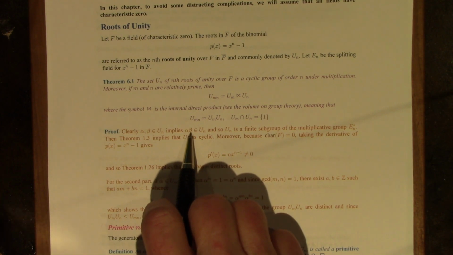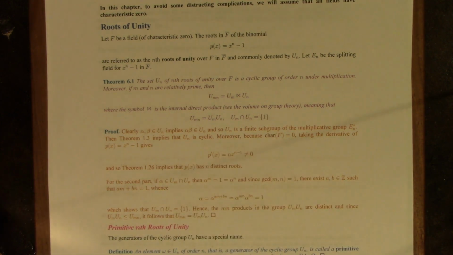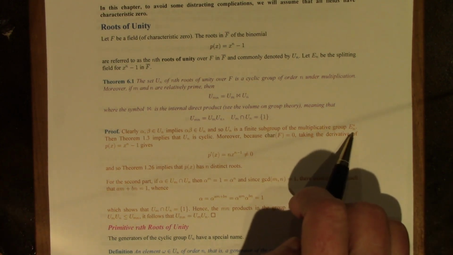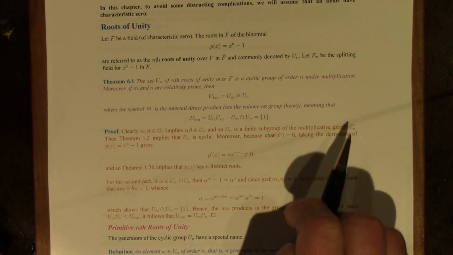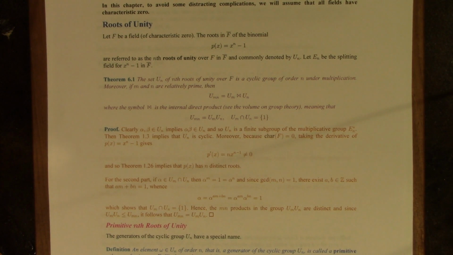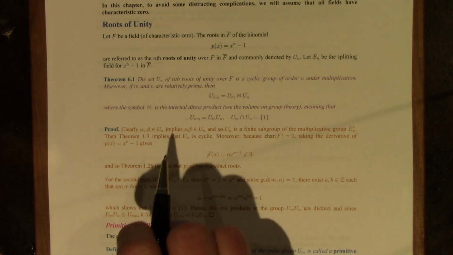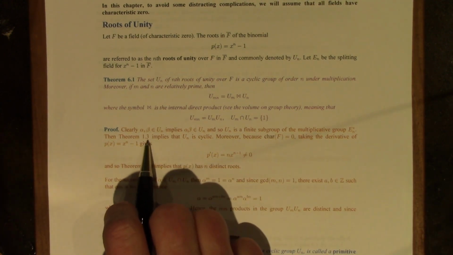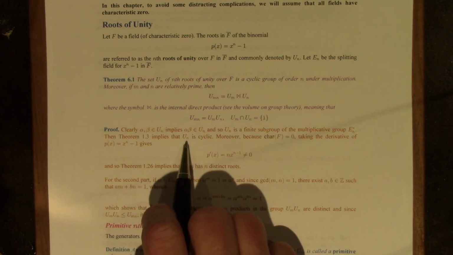That's pretty clear. And so U_n is a finite subgroup of this multiplicative group E_n star. E_n, remember, is the symbol we're using for a splitting field for the binomial x to the n minus 1. And so we had a theorem back in chapter 1 that told us then that U_n is cyclic.